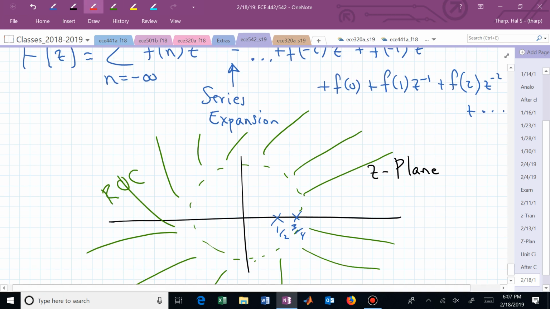and now we could pick any point z in that region of convergence and plug it into this series expansion, and that series expansion needs to be bounded for that particular z value.